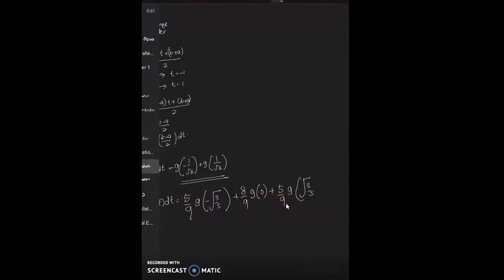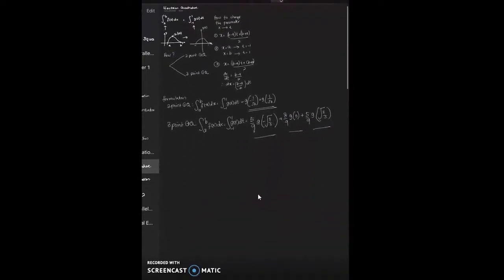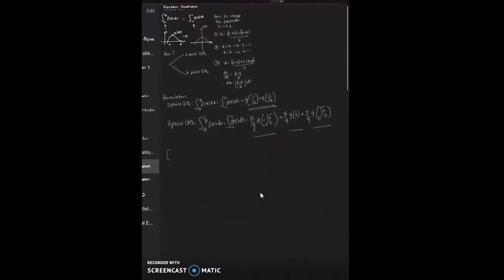There are three terms for 3-point Gauss quadrature. Why? Because we want to get a very accurate answer. We can apply it using one question. Let's find one question to apply 2-point and 3-point Gauss quadrature.